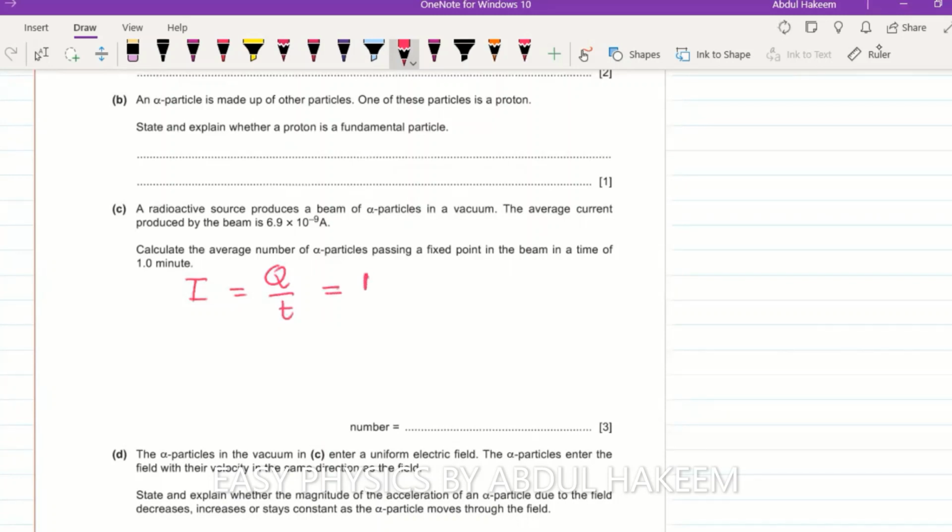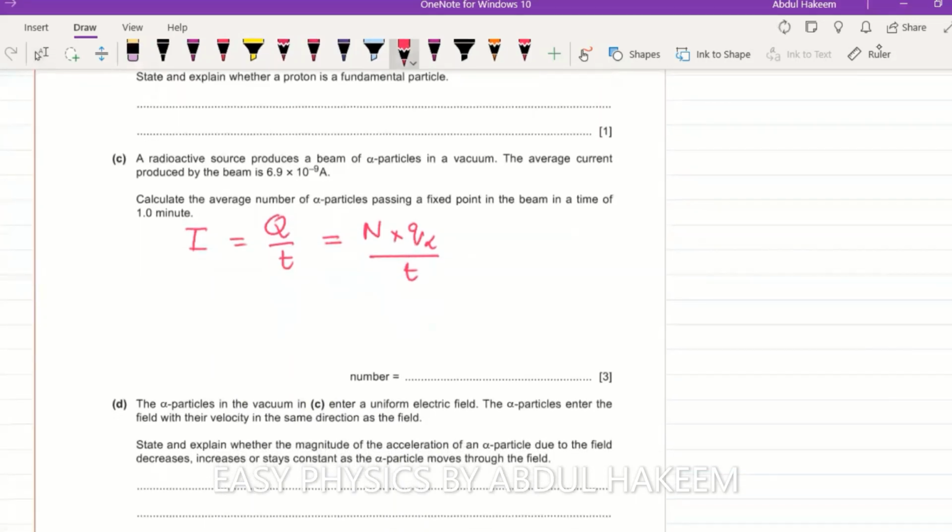So n times the charge of the alpha divided by t, because the total charge is due to the number of the alpha particles. So the charge of 1 alpha multiplied by number, this is the formula. So we have to calculate this n.